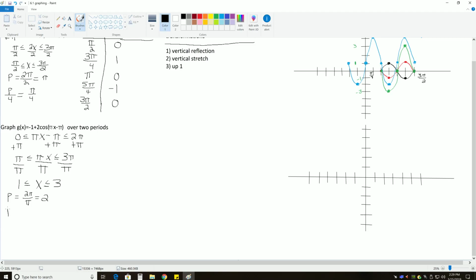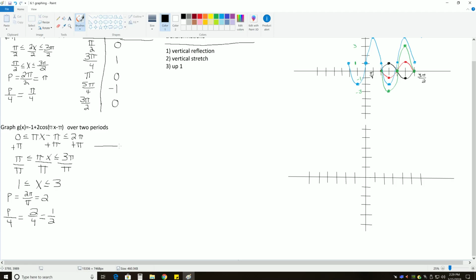So just like before, we then want to find p over 4, which is 2 over 4, or just simply 1/2. So our new quadrantal angles essentially are going to be starting at 1, ending at 3, and a distance of 1/2 apart.